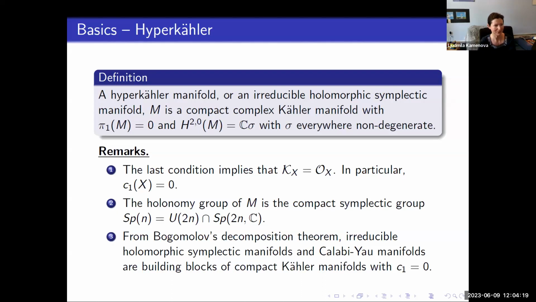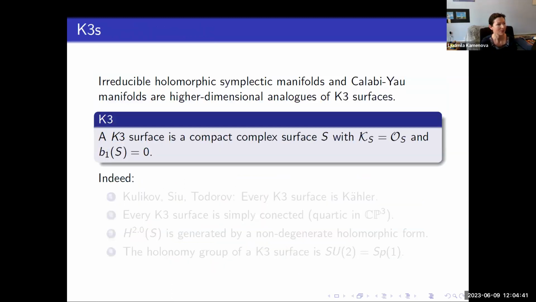But the tori are not simply connected, so if you consider simply connected building blocks of compact Kähler manifolds with trivial first Chern class, you just get blocks that are either hyperkählers or Calabi-Yau manifolds. The simplest example in both cases is K3 surfaces. Both hyperkähler manifolds and Calabi-Yau manifolds are higher dimensional analogs of K3 surfaces.